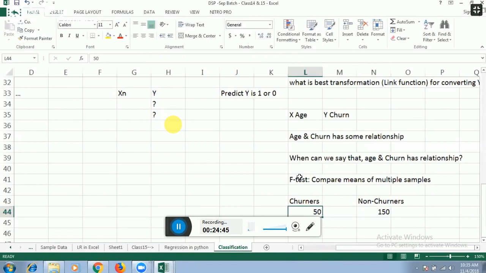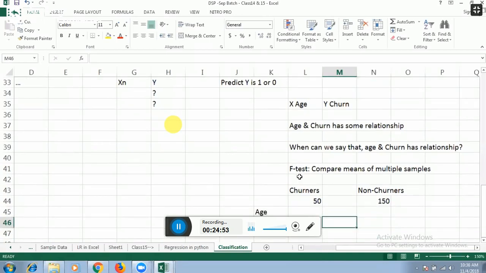I can calculate the age of these 50 customers and the age of these 150 customers. Say the age of the 50 customers is 55, and the age of the other group is 28 or maybe 30. What does that tell me? That the lower age group are non-churners and the higher age group are churners. Can I say that?